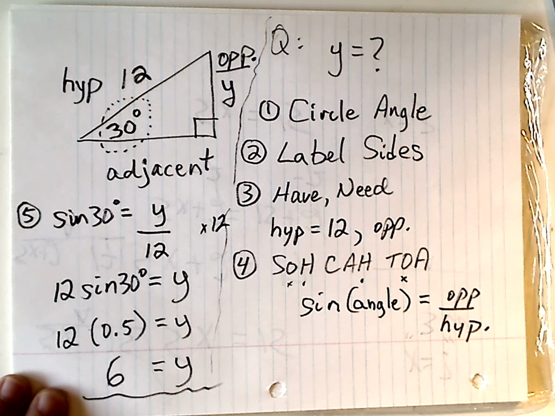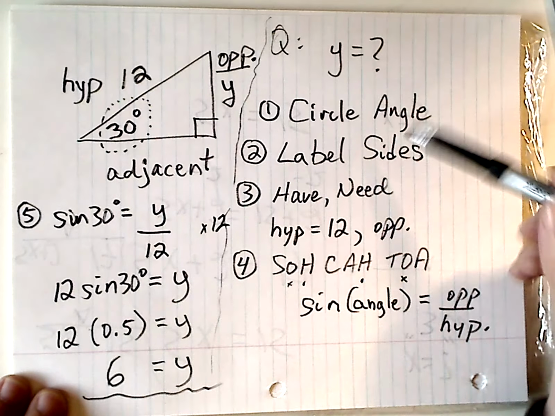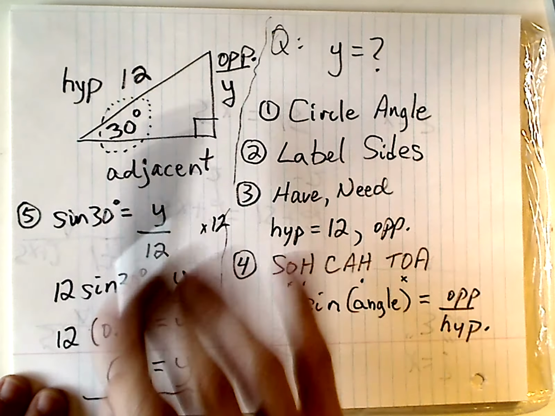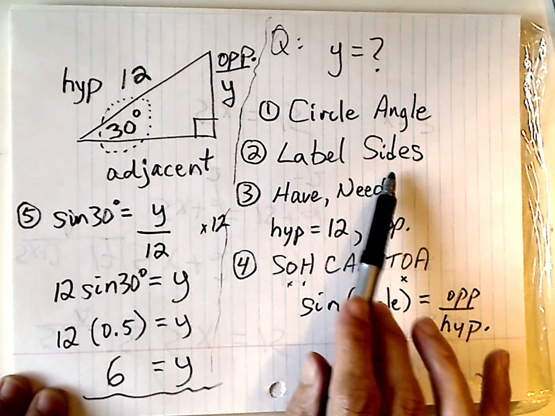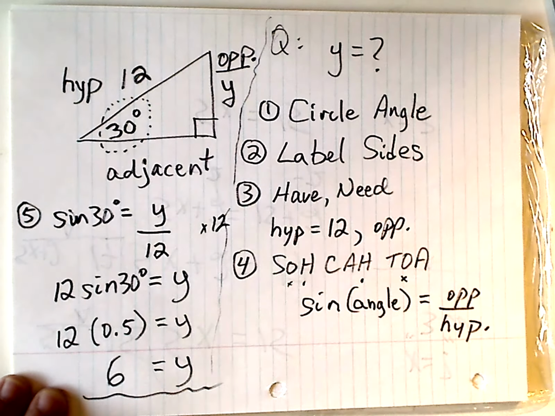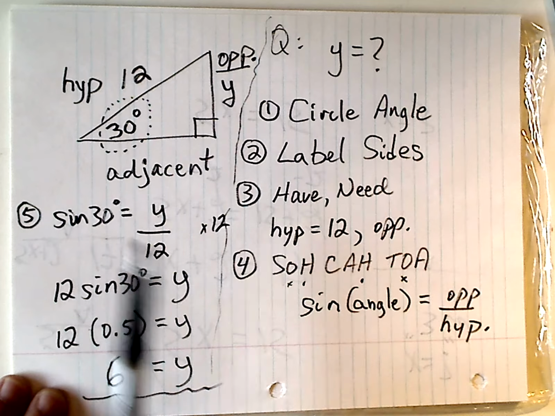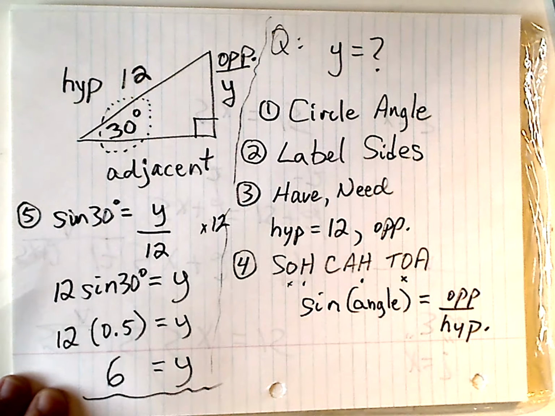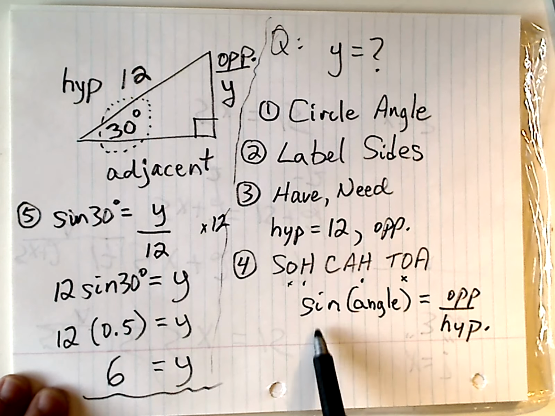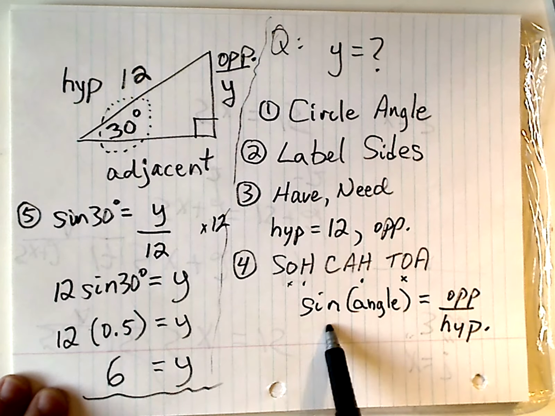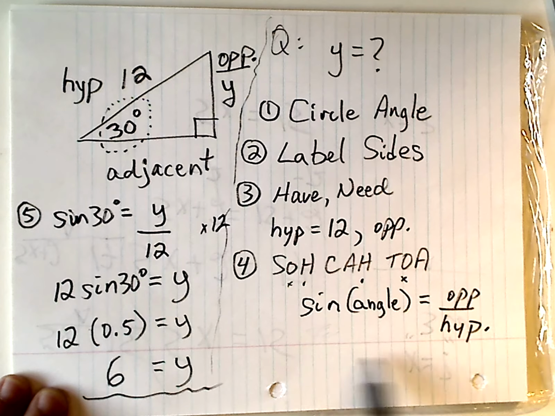Alright, so steps are circle the angle to begin with, just so there's no confusion about where number 2 goes, all the labeled sides. Next, take a look at the numbers you have, the numbers you need, and then use that in the next step to figure out which trig function you're going to use to set up the equation.